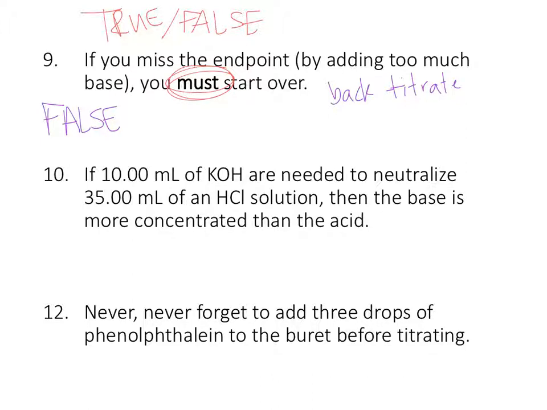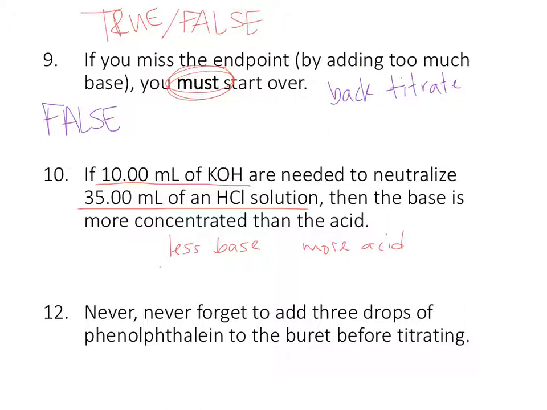Number 10, if 10 milliliters of KOH are needed to neutralize 35 milliliters of HCl, then the base is more concentrated than the acid. So what we're saying is we need less base and more acid. But remember, the moles of base have to equal the moles of acid. So if I'm using less of the base, then the base has to be more concentrated.